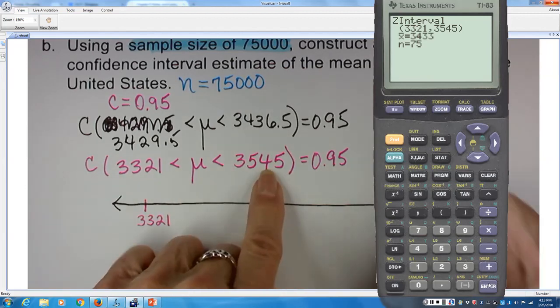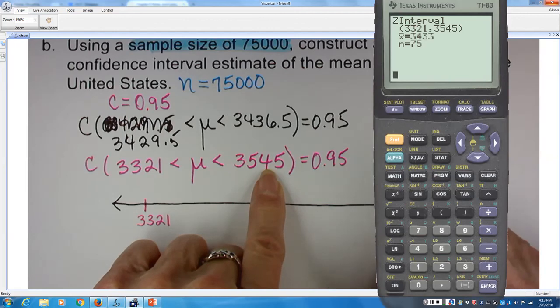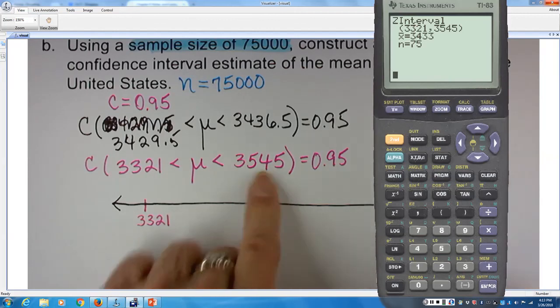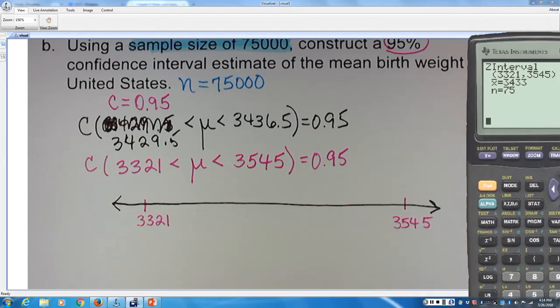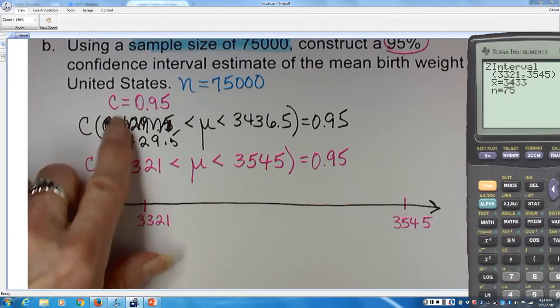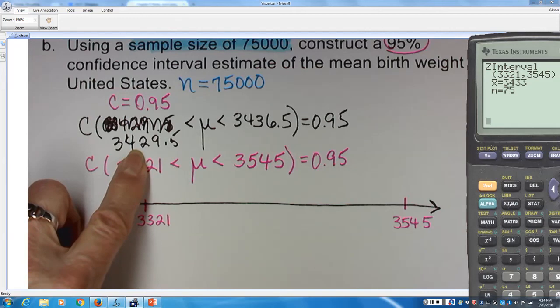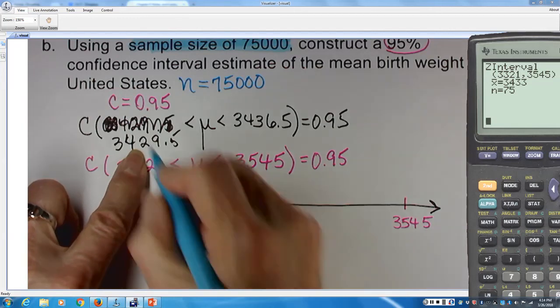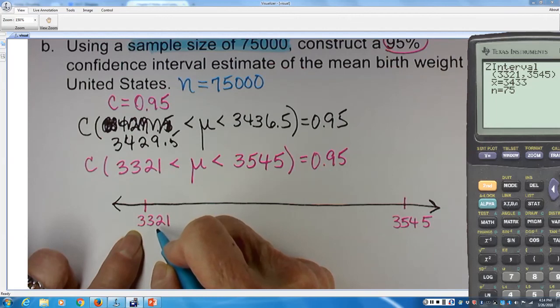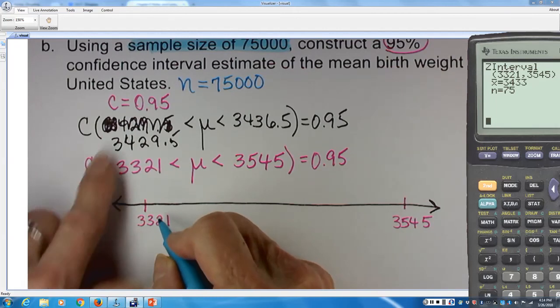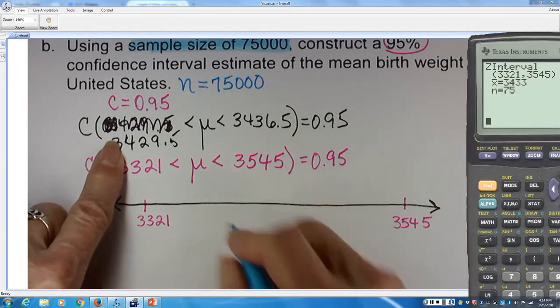Here's 3545. Calculator. So 3429 is more than this, right? 3400 is more than 3300.